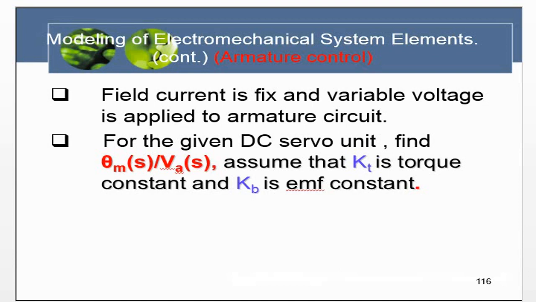Assume that Kt is torque constant and Kb is EMF constant. Therefore, theta is the position of shaft, and the input is Va, voltage supply for the armature.